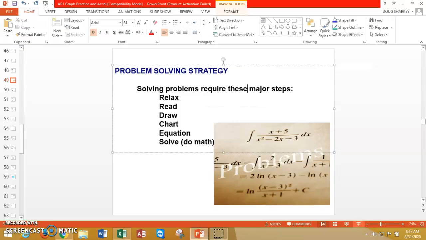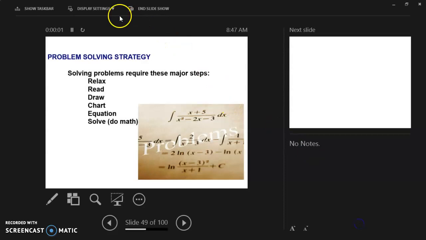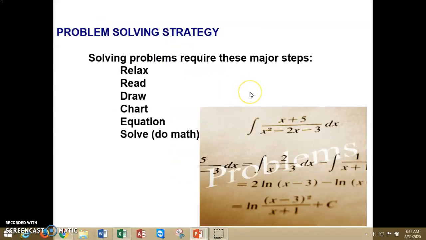Okay, so let me get this going again. So these are the steps that I think you should go through. Step 1, relax. This is actually the hardest step for me. I'm a very anxious guy. I'm worried about everything. I'm worried about not knowing whatever answer to whatever question people ask me. And so step 1 is hard for me. Relax. You need to be relaxed.